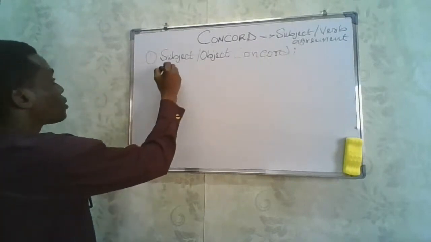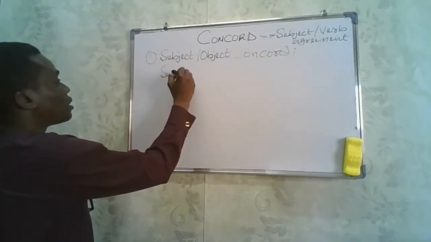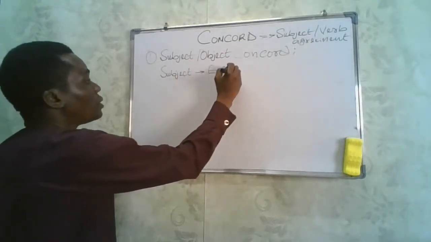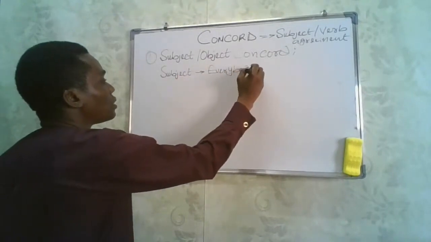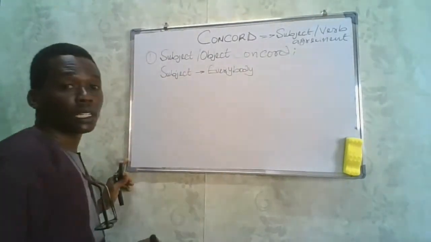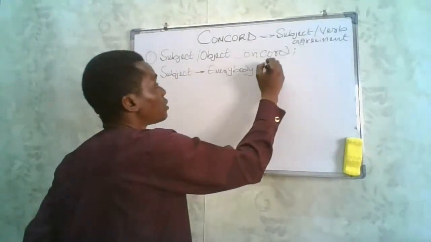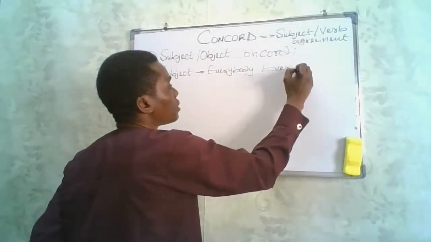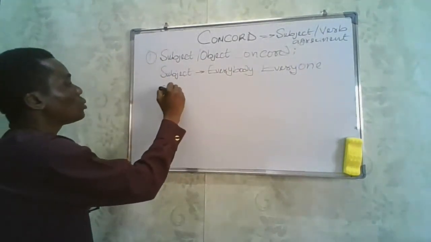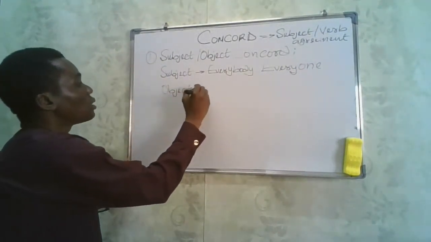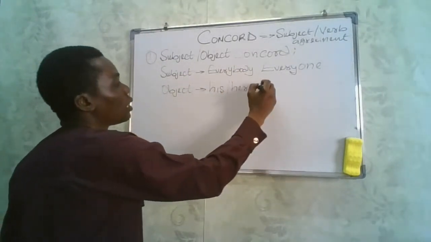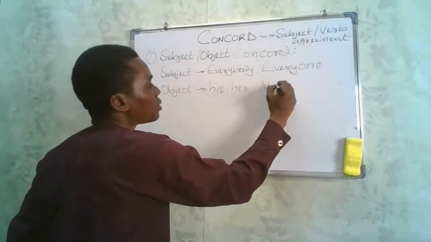Whenever we have subjects that have to do with everybody or everyone, then the object that should go with it is his or her, and not what?